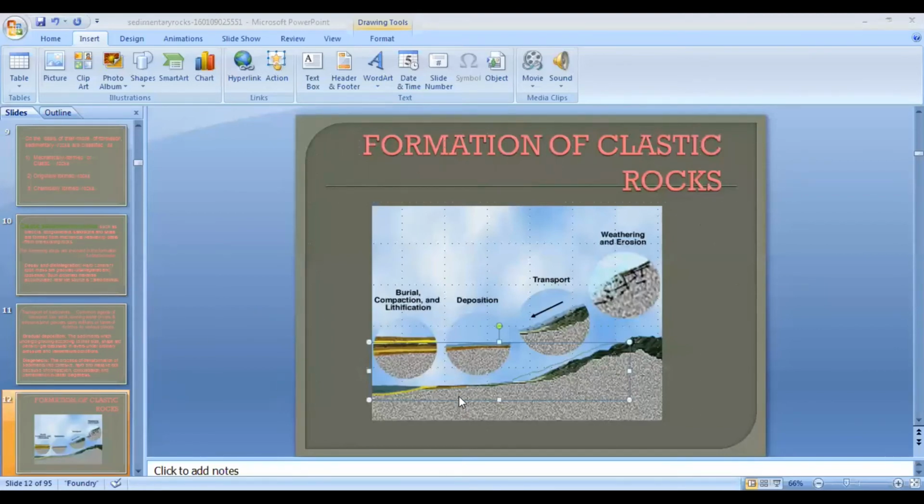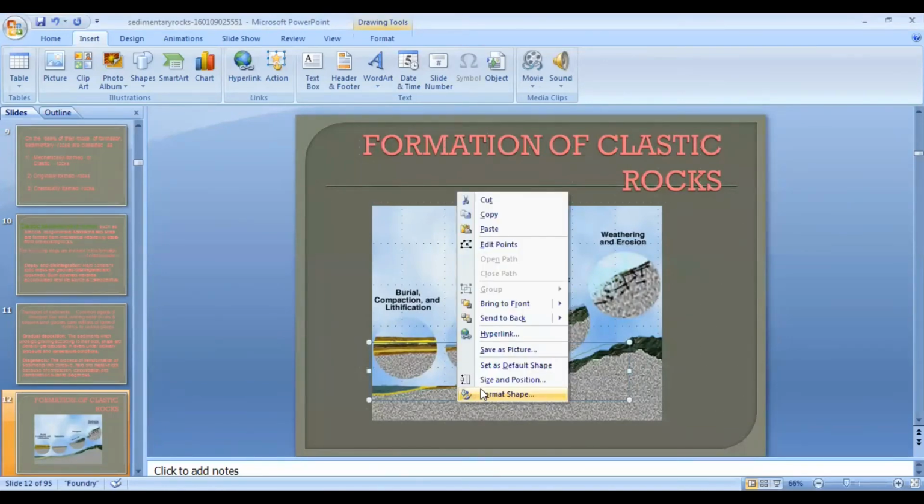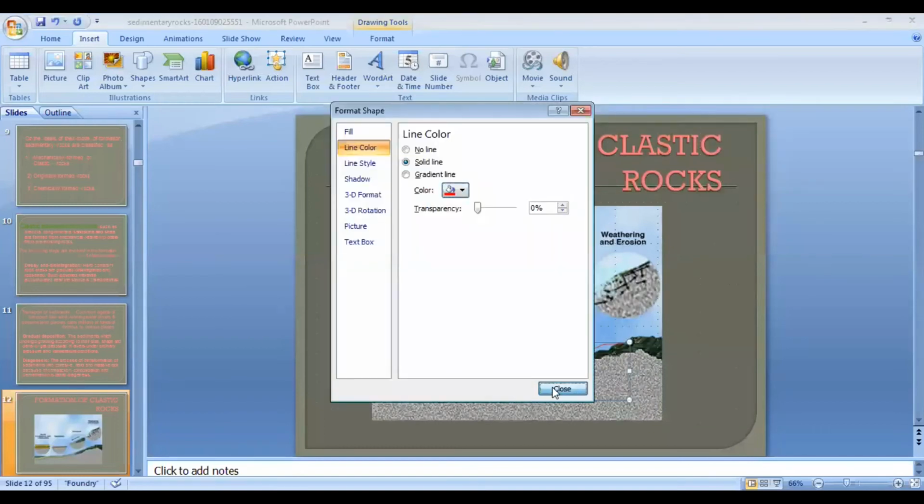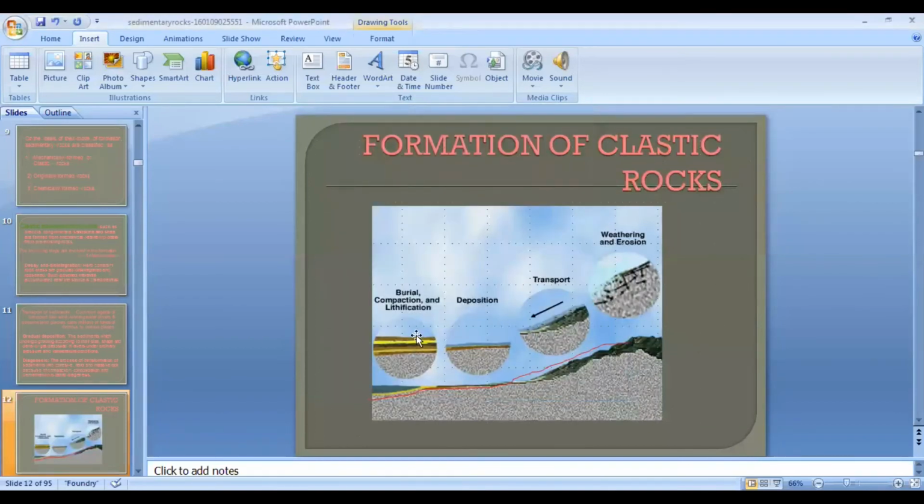So all of these processes, as we have said, are more like diagenesis. This part is more like diagenesis. This is the deposition, transportation, and this one is the weathering and erosion.